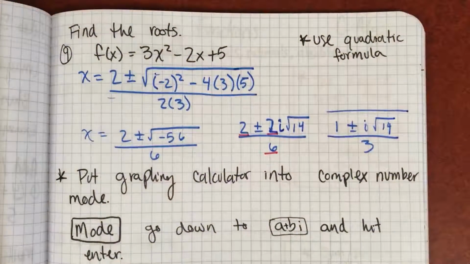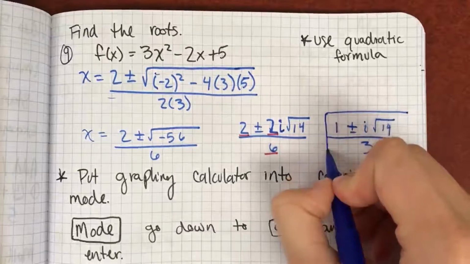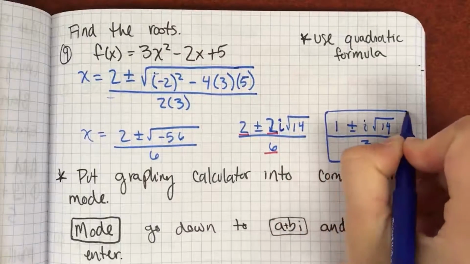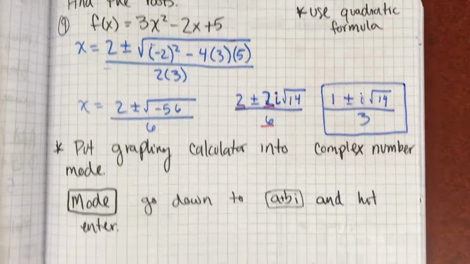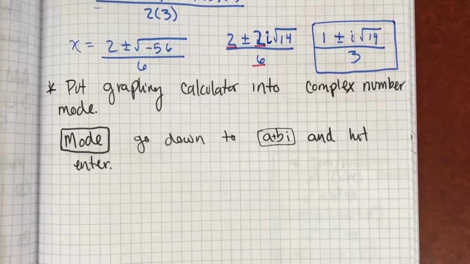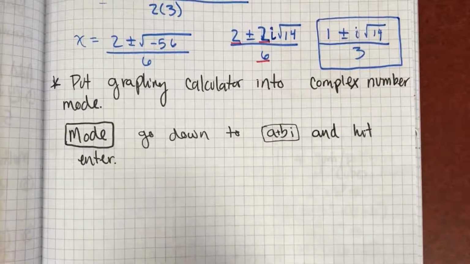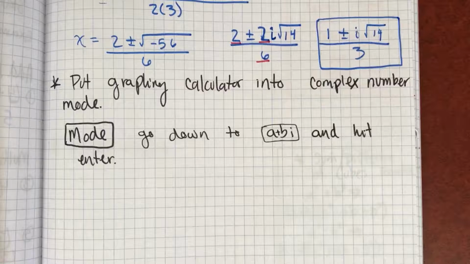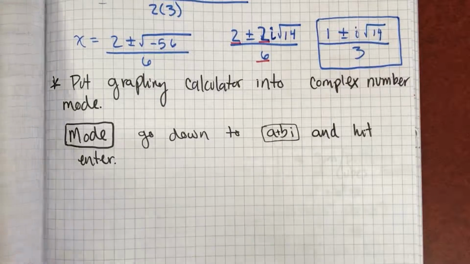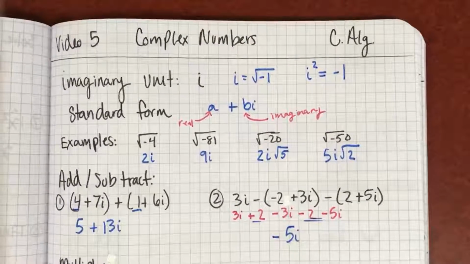Remember, anything under that radical is locked in, so you cannot reduce that at all. Here are, again, those notes on how to put your graphing calculator into complex number mode. This has been complex numbers for college algebra.